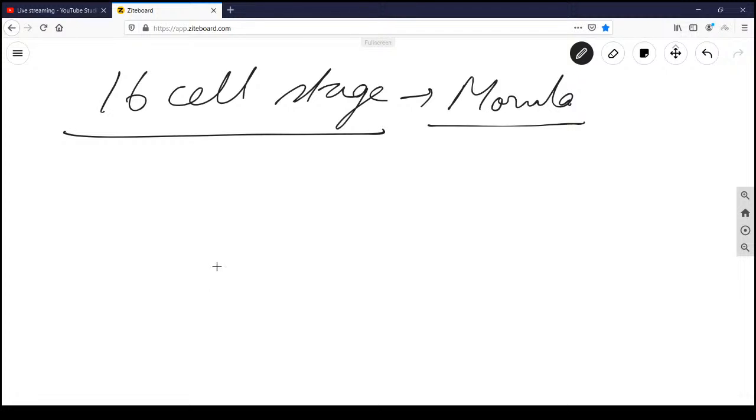So the 16 celled morula stage consists of polar outer cells and non-polar inner cells. The outer cells are known as polarized, they will become trophoblast. Inner cells are non-polar, they will become the inner cell mass.